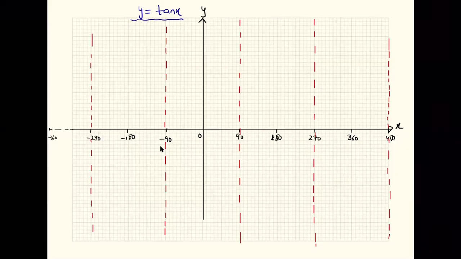So these red dotted lines indicate that I'm not going to have any value. My graph is going to lie between these red boundaries. Now we are going to see how the graph would look.